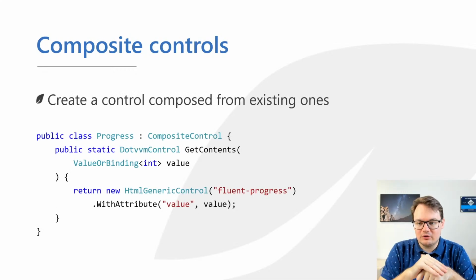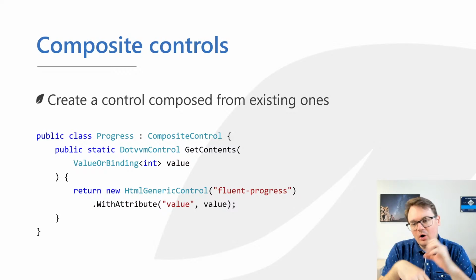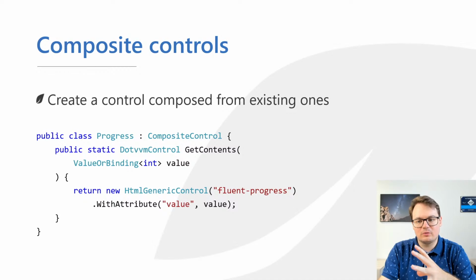For code-only controls, we have found that a lot of users are writing their own code-only controls, and the most frequent scenario is that you just want to compose a control from existing ones. So it's not creating your own component from scratch. Not many people are actually writing their own GridView.